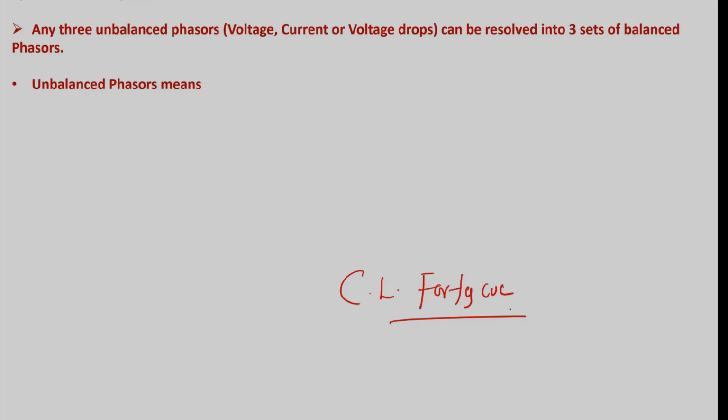One fine electrical engineer, what he did, he stated the theorem for vectors. Even our phasors, that we use in our electrical engineering, they also obey vector algebra. How do you add two phasors? Similar to the parallelogram law or triangular law of vector addition, you adopt the same measure to add the phasors. So he tried the same idea with the phasors.